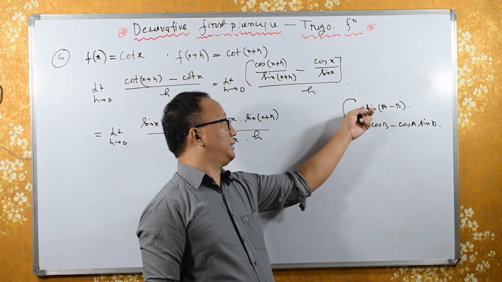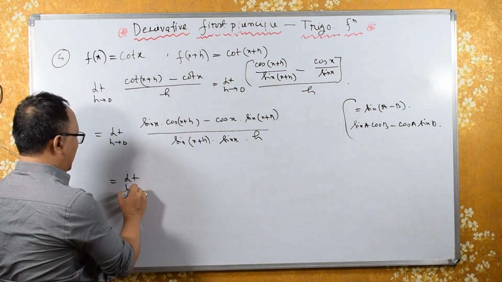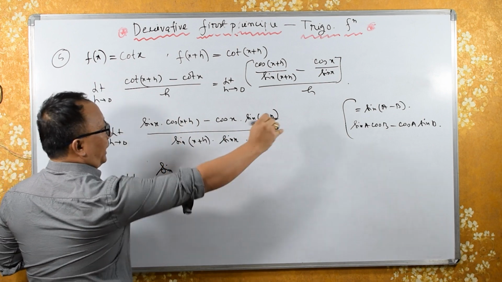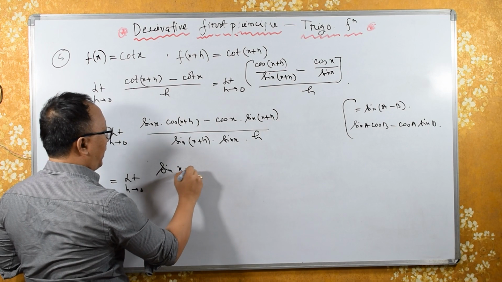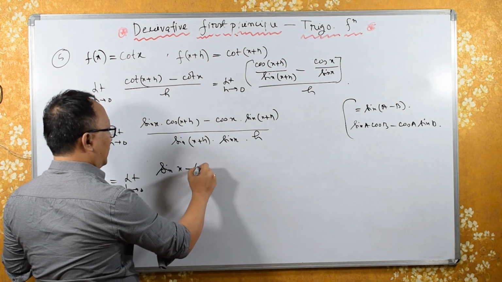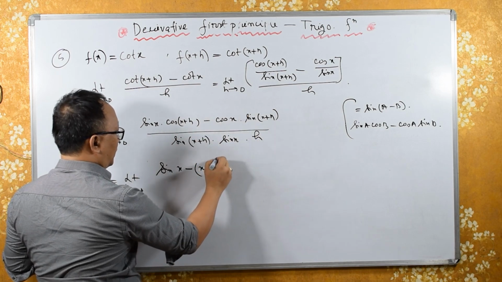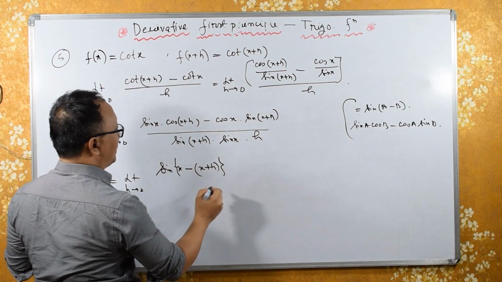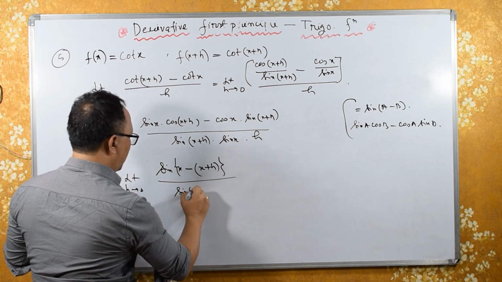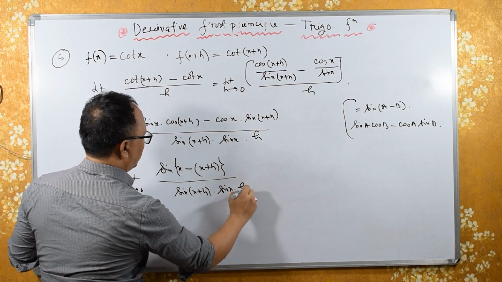Therefore, this is already in this form. Here, limit of h tends to 0. This will be sine of a, a is x, minus, since minus is there, you just put a bracket, what is b? x plus h. Here I am taking the bracket, upon sine of x plus h into sine x into h.